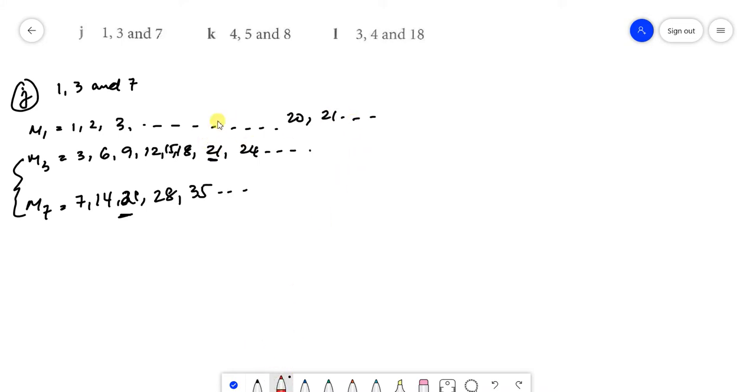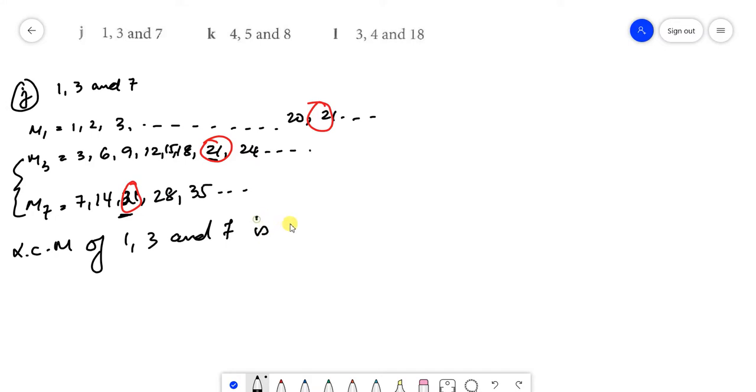So LCM of 1, 3, and 7 is 21. So you can write LCM of 1, 3, and 7 is 21. Okay, moving to question K.